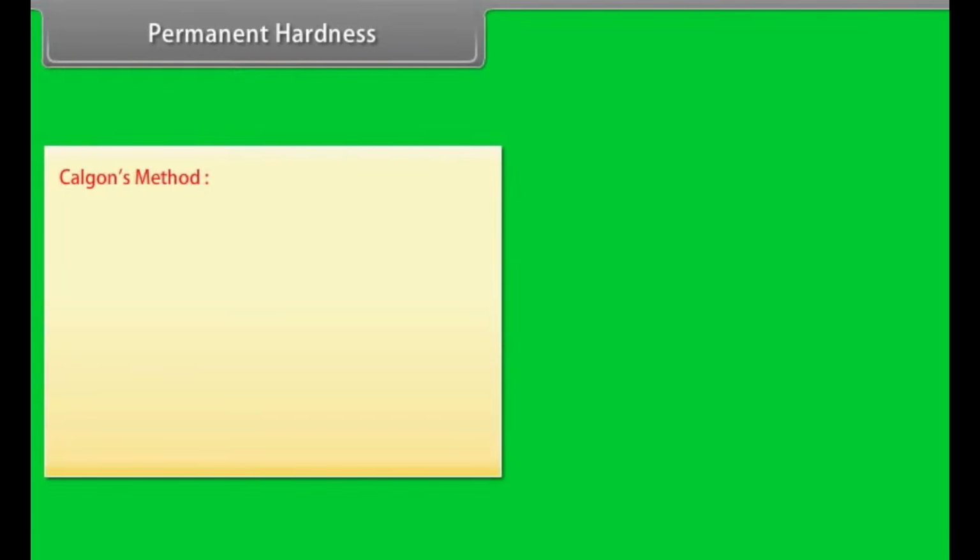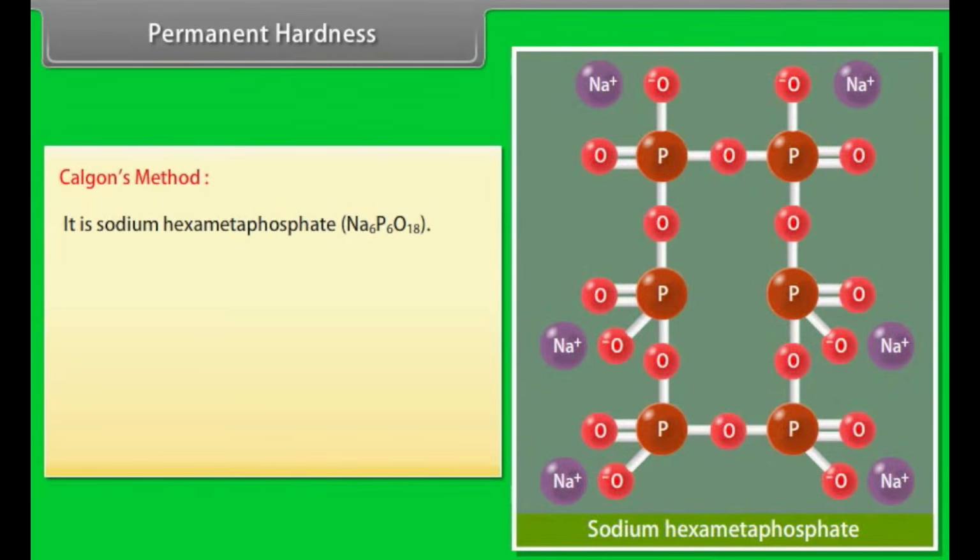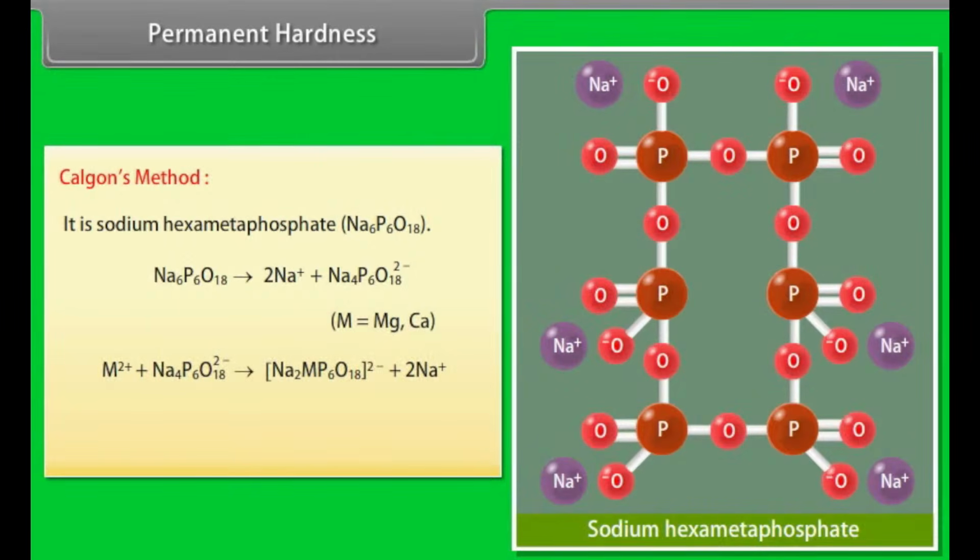Calgon's method. Calgon is sodium hexametaphosphate. The complex anion keeps the Mg2+ and Ca2+ ions in solution.